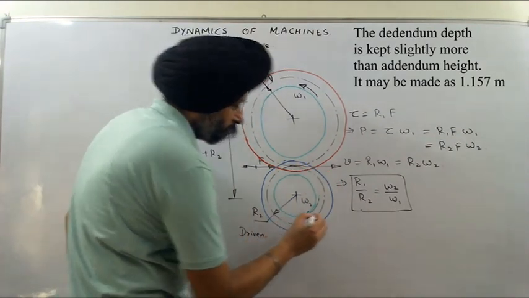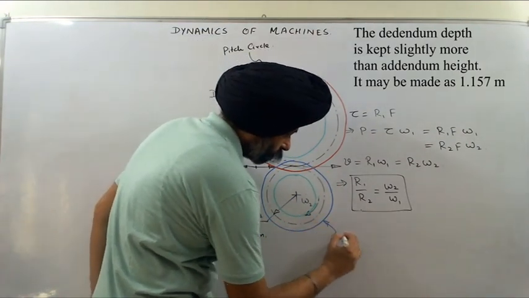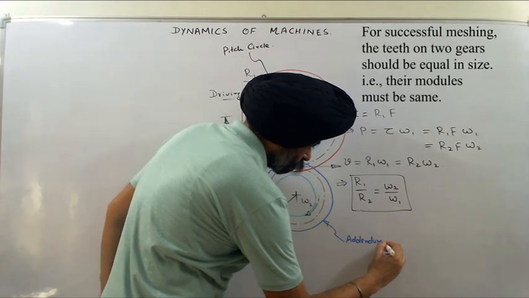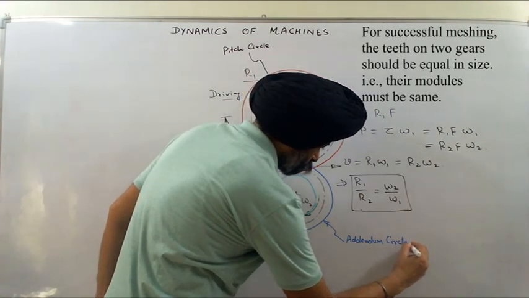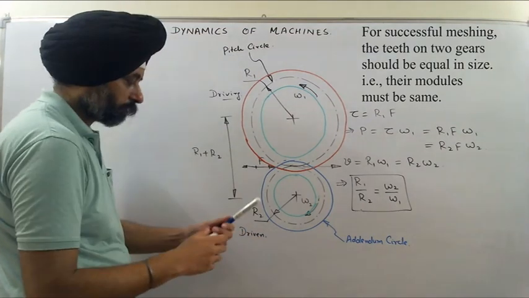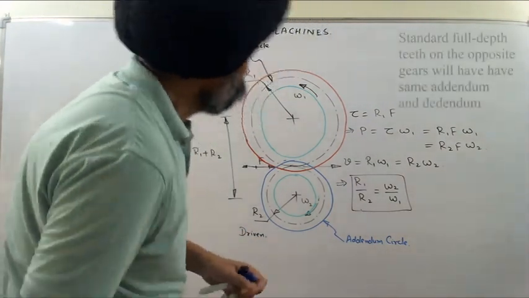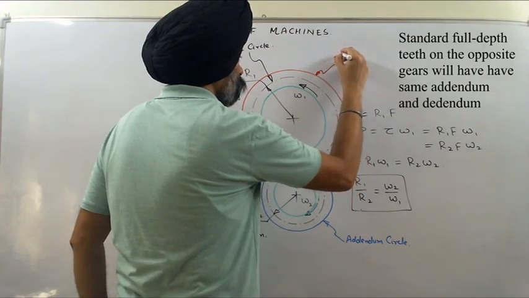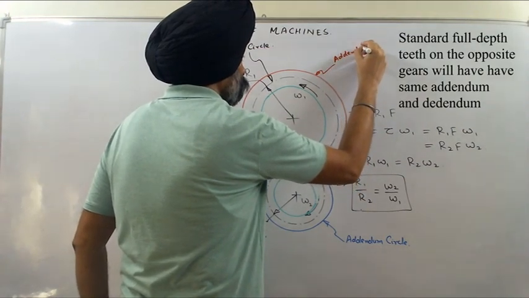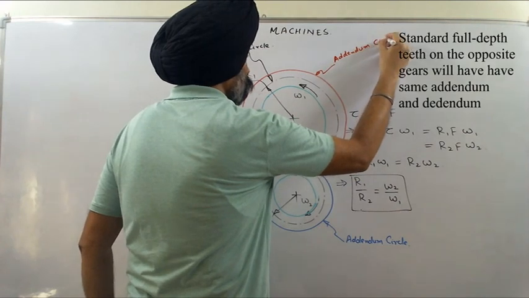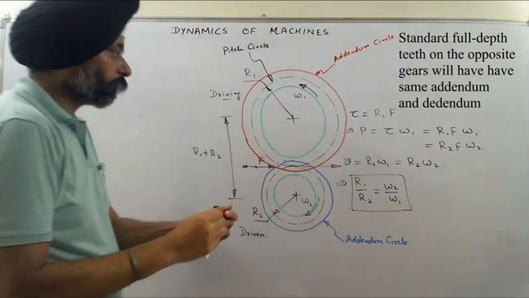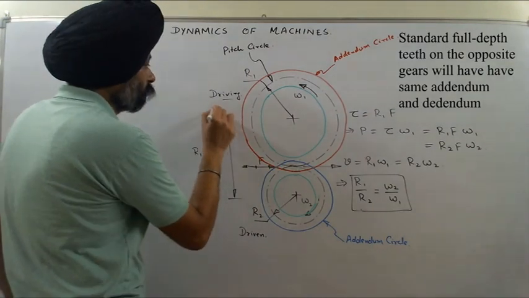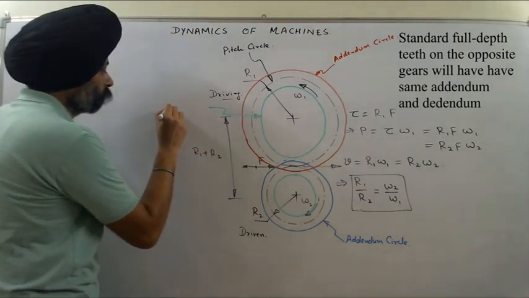Okay, so this one is the addendum circle for the gear at the bottom, and here we have the addendum circle for the first gear. Then we have the dedendum circles. Let's label them also.